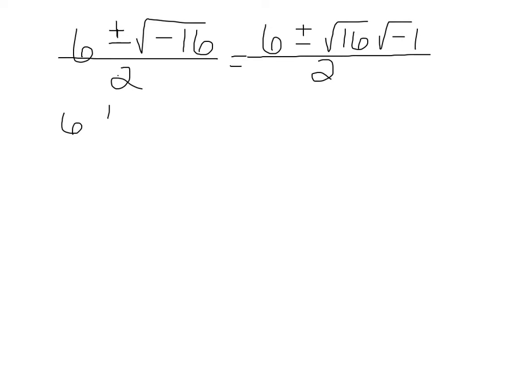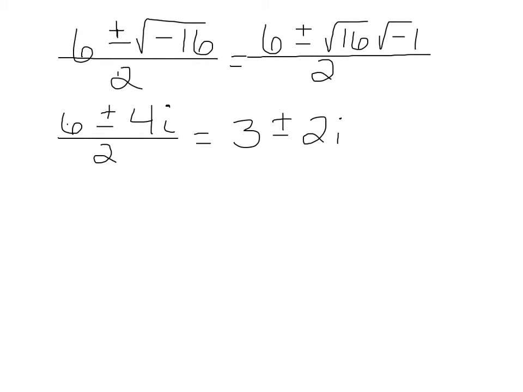So then I end up with the square root of 16 is 4, and the square root of a negative 1 is i, over 2. These are not like terms, so you will not be adding them together to get 10. And when we divide by 2, we divide everything. So 6 divided by 2 is 3, plus or minus, and 4 divided by 2 is 2. So I get 3 plus or minus 2i.